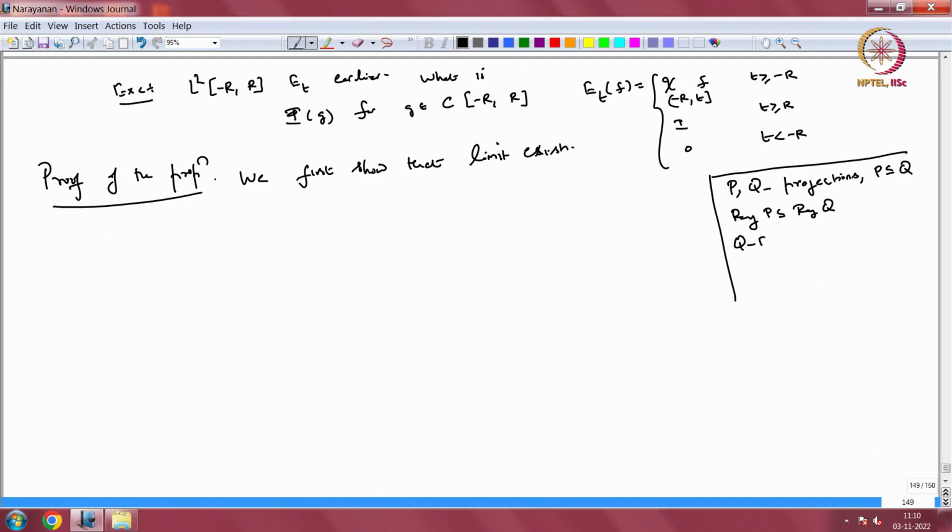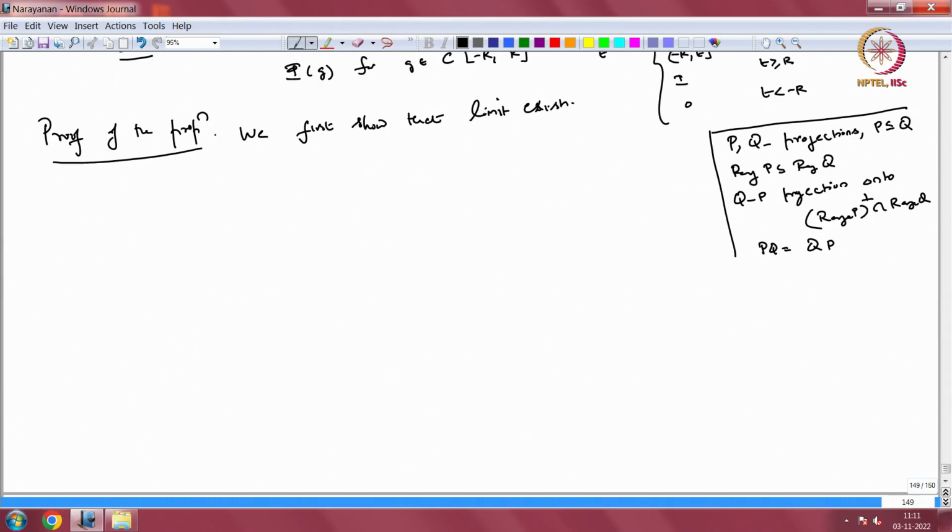Q minus p was the projection onto whatever is remaining in range of q, right, which is orthogonal to range of p. So, that is range p, the orthogonal complement, intersection range q, okay, and p q equal to q p, right. So, we proved this result about projections in the 2 classes before, I guess. So, we will use all this.